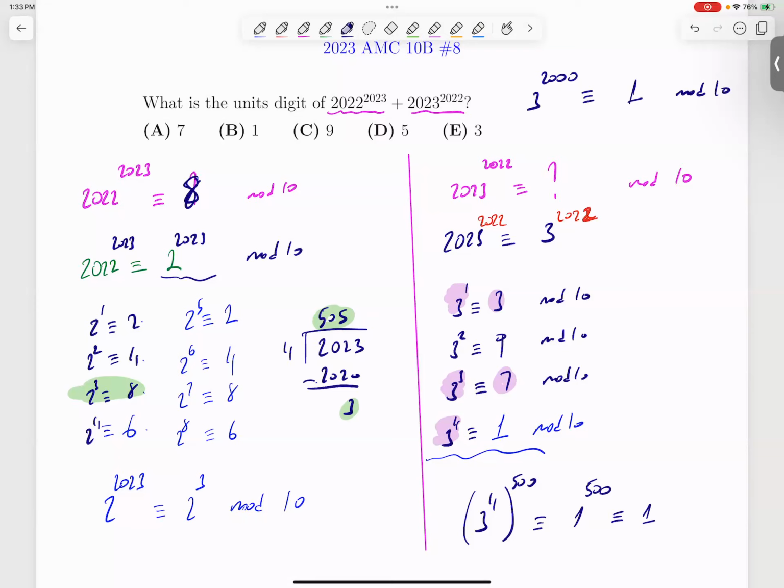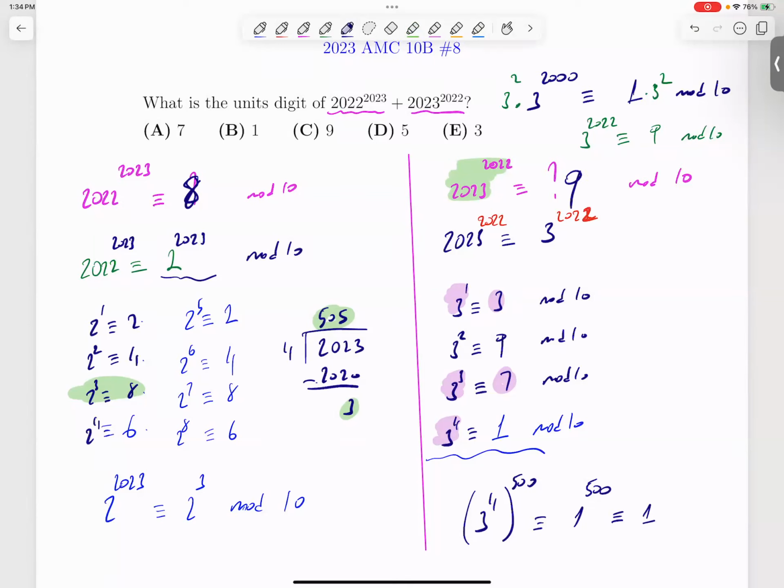We need 3 to the power of 2022, so we have to multiply both sides by 3 squared. So 3 to the power of 2022 is congruent to 3 squared, which is 9, mod 10. That implies 2023 to the power of 2022 is congruent to 9 mod 10.